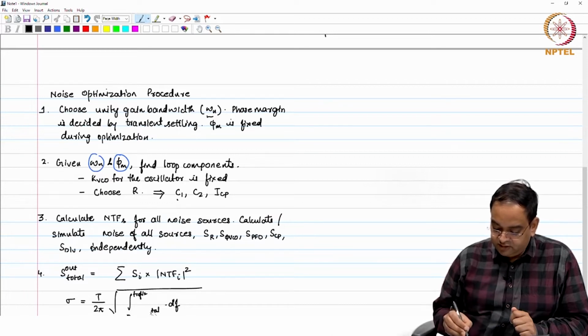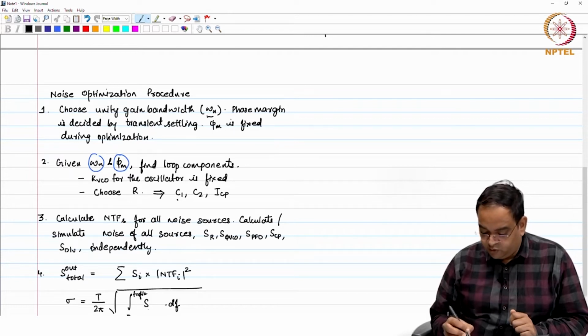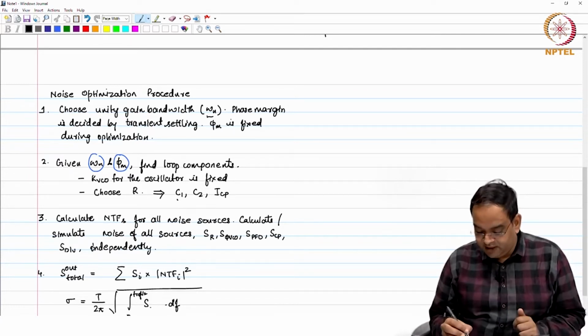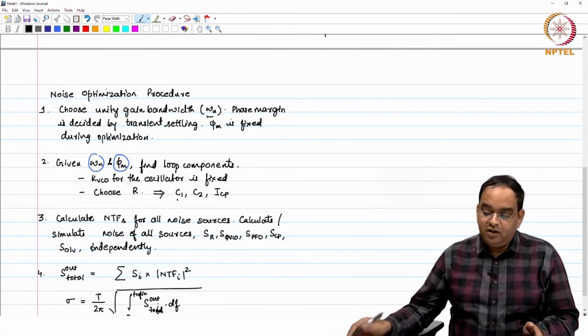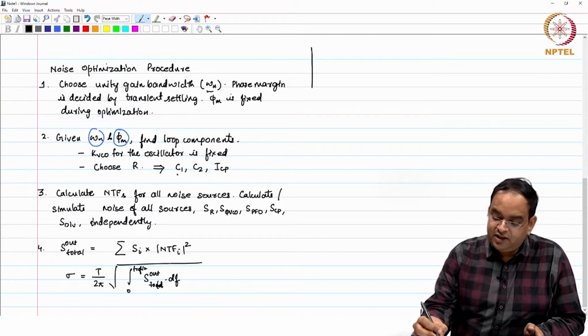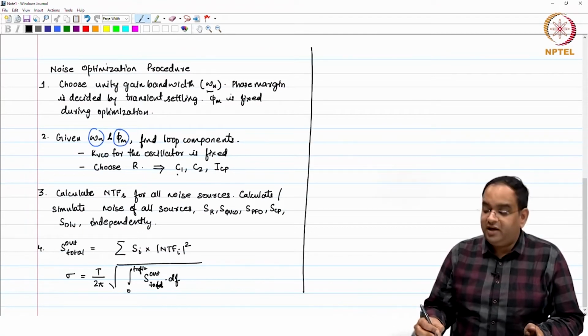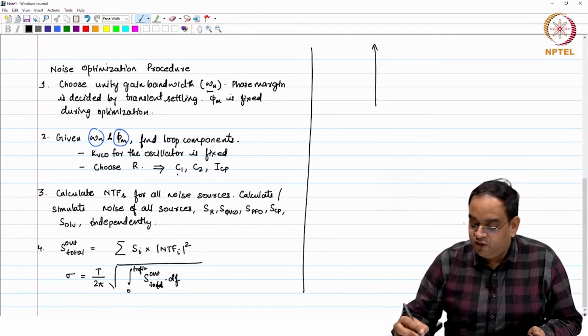Most of the time our simulations, or our modeling, are going to be valid till f ref by 2. So, this is S out total. Now, you started with one particular omega u and phase margin, and what you got is the jitter value. So, you pick that jitter and you plot it.